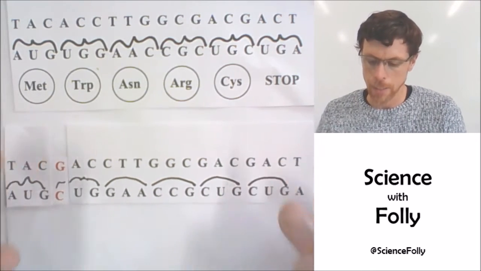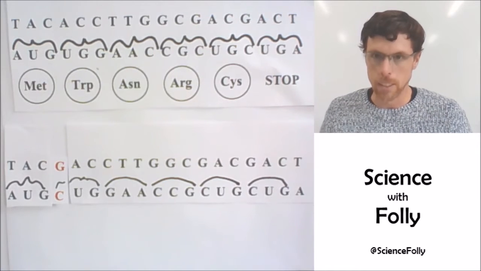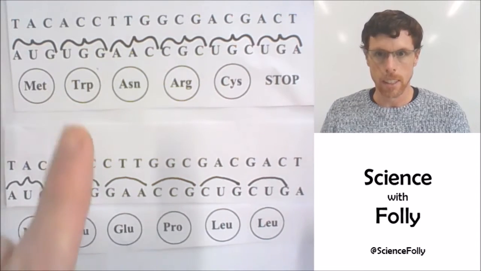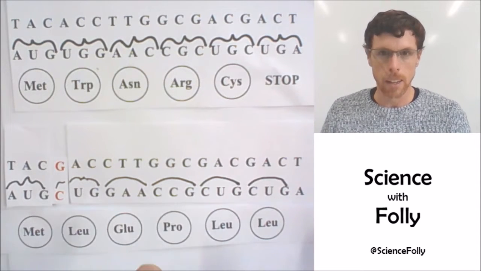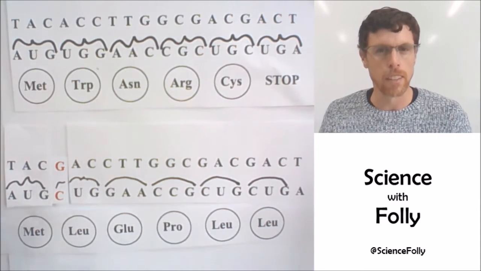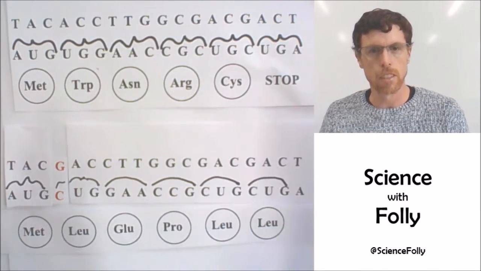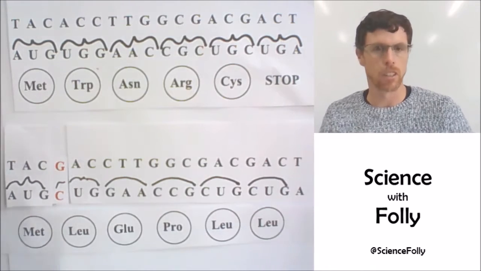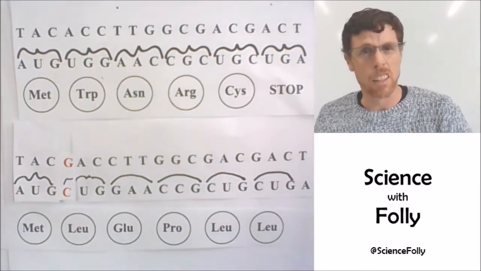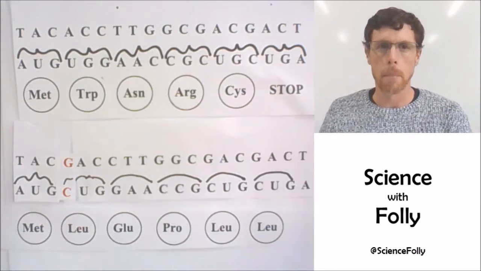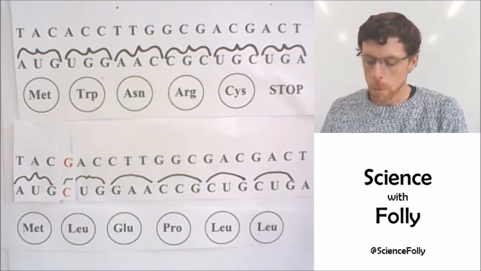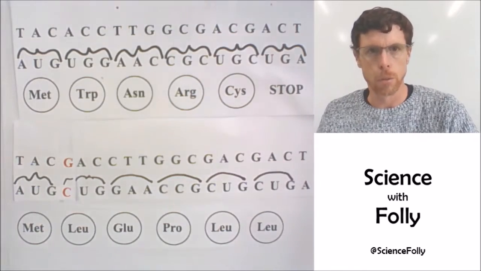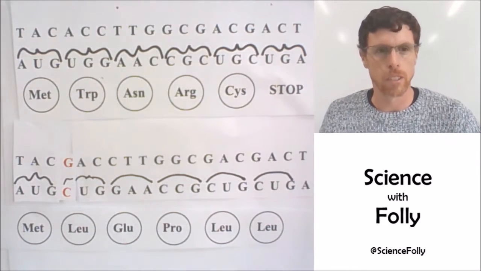And you can see that now we have MET to start off with, but CUG now codes for LEU, and we get a whole different amino acid sequence. This is called a frame shift because all the codons are moved across. This kind of mutation is also called a missense mutation because you still get a polypeptide chain, but it's different to what you would have produced from the original.